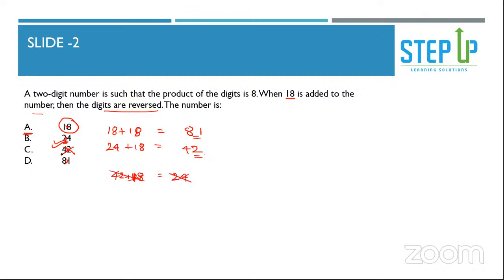These options are not making any sense. 81 plus 18 cannot give you 18. If you are adding to a bigger number, you cannot get a smaller number. So these two numbers are not making sense. That's why the answer is 24.